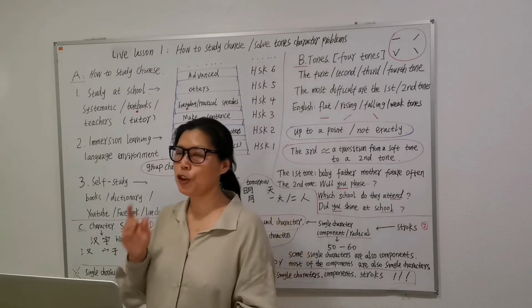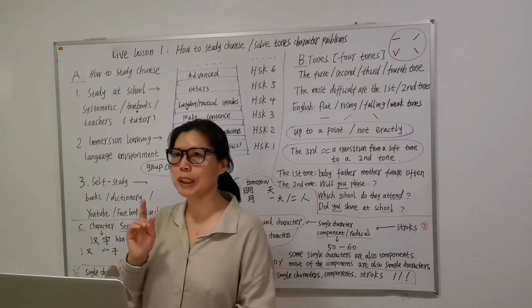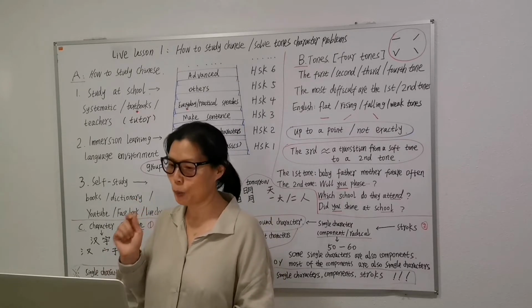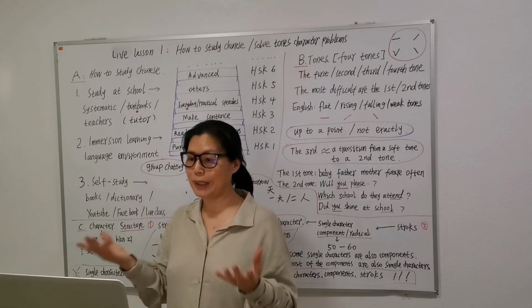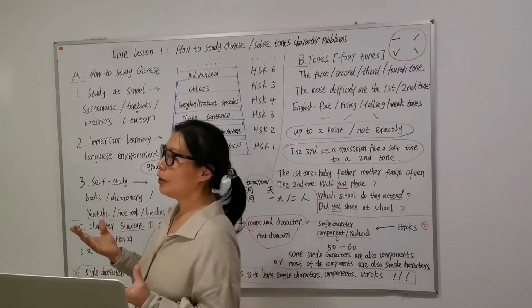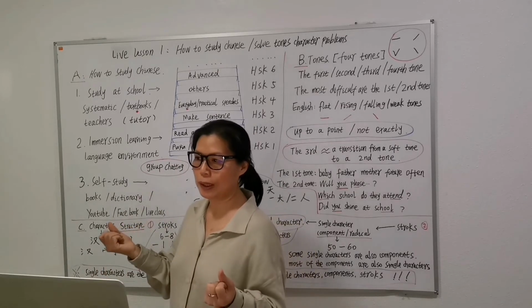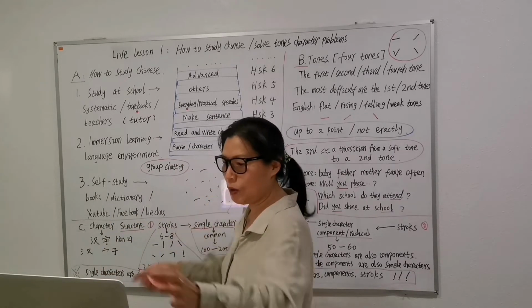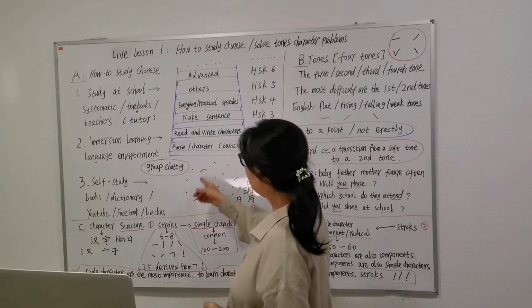Such as you follow a teacher who teaches in a systematic way. For example, I teach in a systematic way. But I know most of the teachers teach casually. Just like here, look at this. Oh, this reflect.